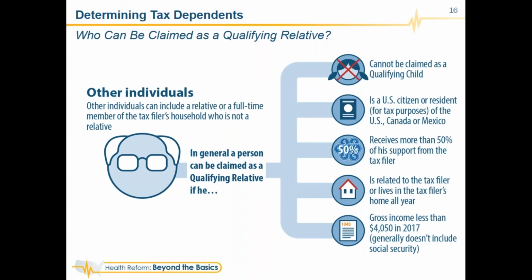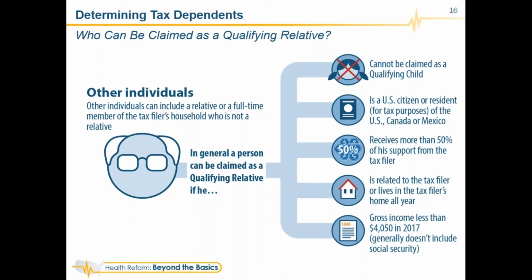So let's walk through the rules for a qualifying relative. The first rule is that the dependent cannot be claimed as a qualifying child. So, there are always some degrees of choices in taxes. And so if a child is clearly someone else's qualifying child, you can't throw them on your return.